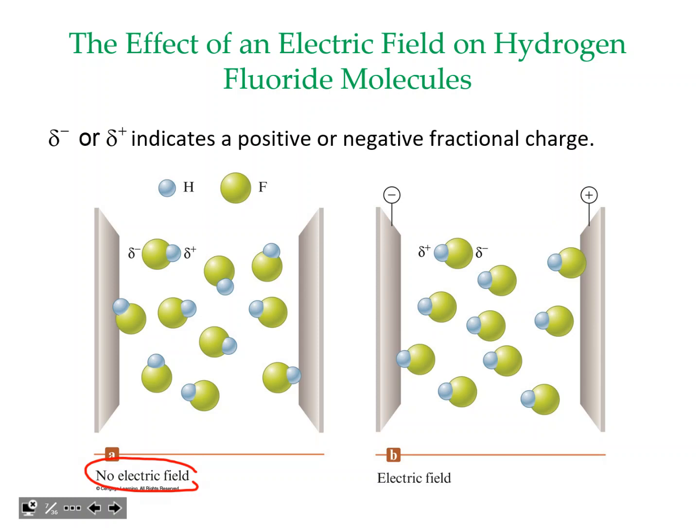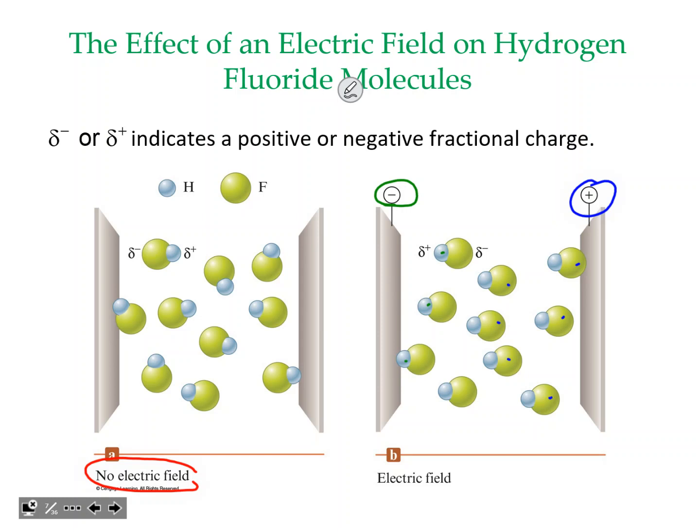Now, if you apply the field, see that negative electrode right here, the partial positives attract to that one, so that's why all the hydrogen sides are facing that direction over there. Over here is the positive plate, so the negative sides of the hydrogen fluoride, which are all the fluorines, point towards the positive plate, and they line up in the electric field like that.